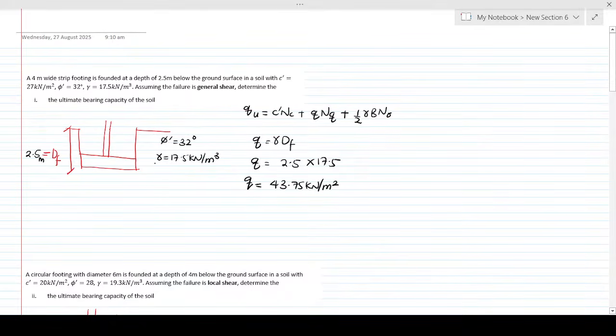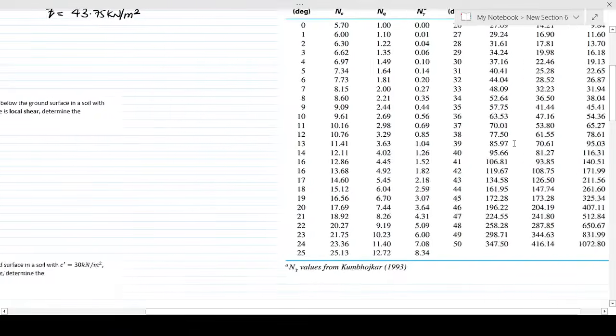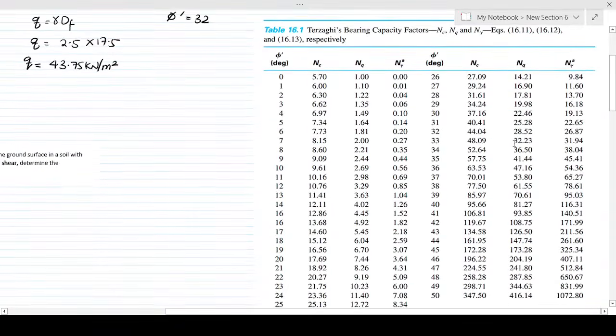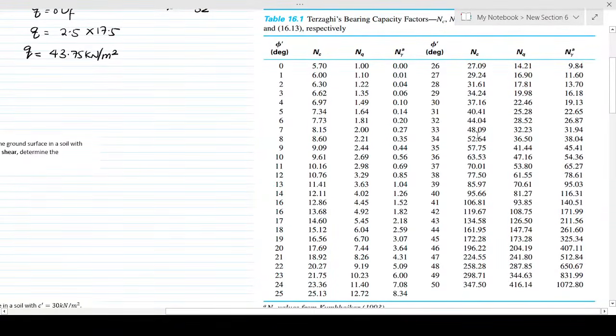Then with our phi being 32, we can use either the chart or the table. So let me bring them very shortly, then we work together. So this is the chart that we can use.